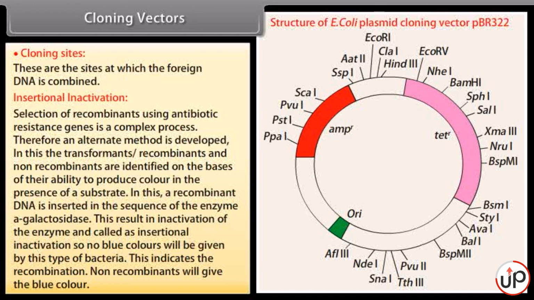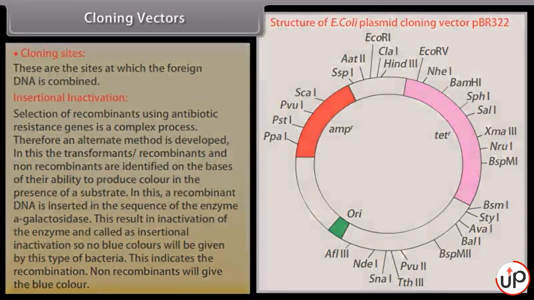In this, recombinant DNA is inserted in the sequence of the enzyme beta-galactosidase. This results in inactivation of the enzyme and is called insertional inactivation, so no blue color will be given by this type of bacteria. This indicates the recombination. Non-recombinants will give the blue color.